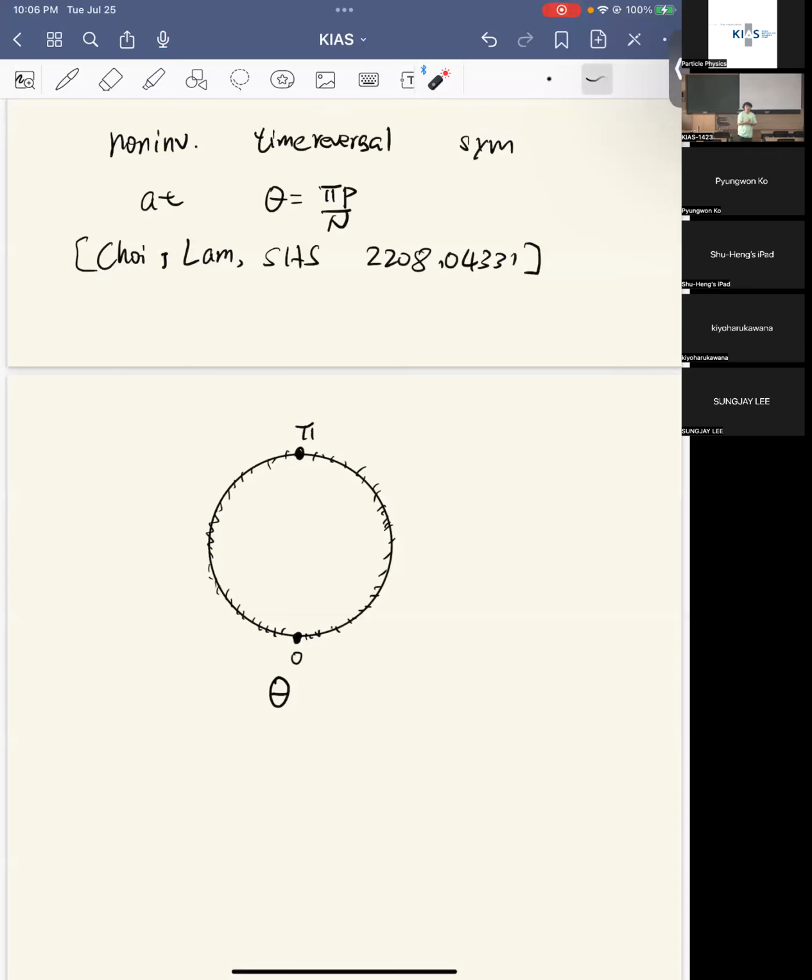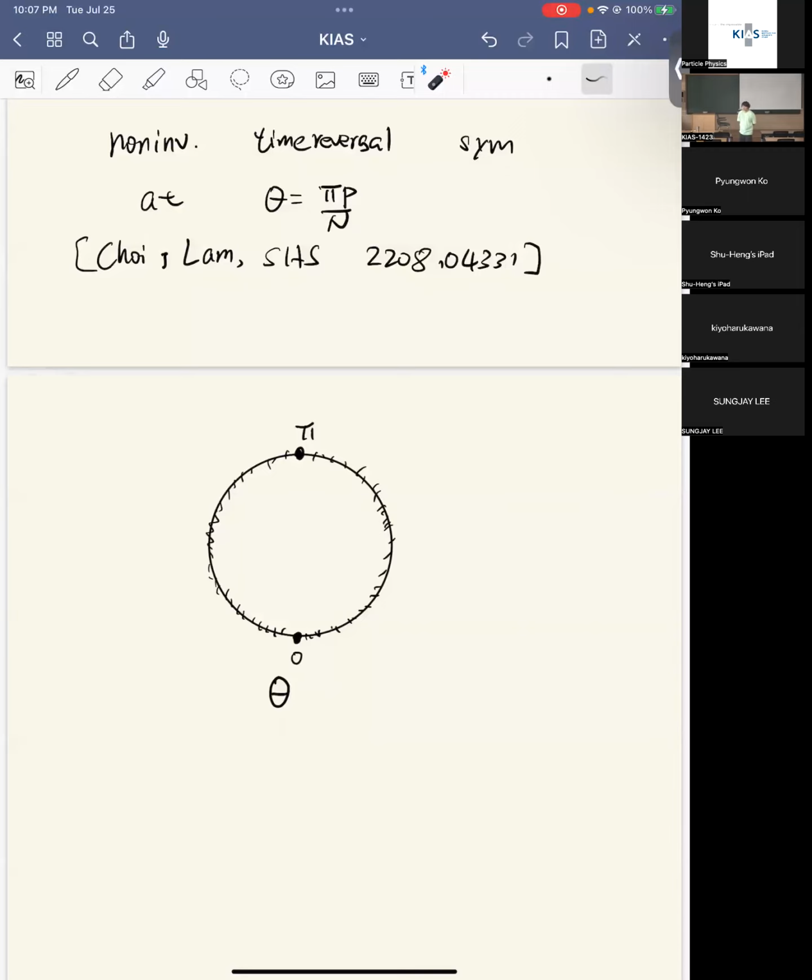Can I ask you another question regarding this non-invertible time reversal symmetry at theta equal to pi p over n? Do we still have this non-invertible time reversal symmetry when we have massive Dirac fermions coupled to background U(1)? Yes, very good question. And the answer is yes.